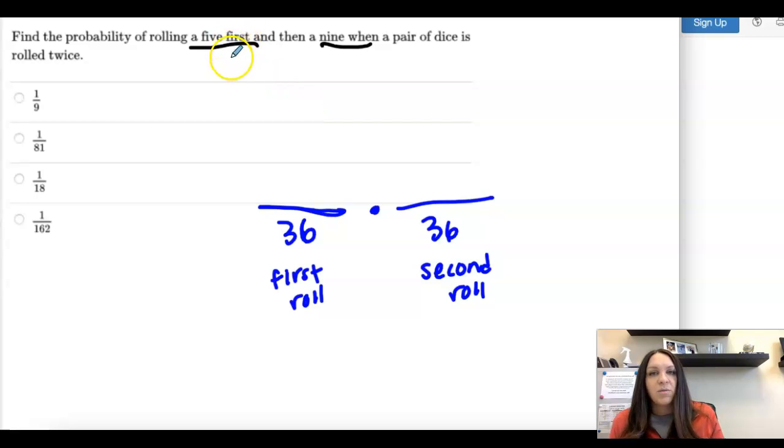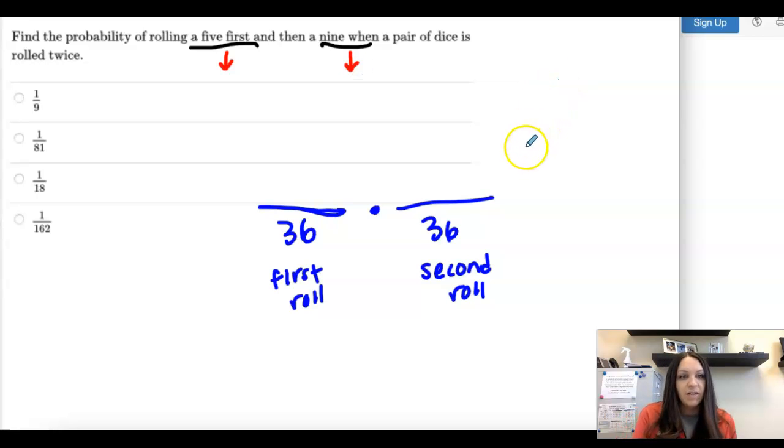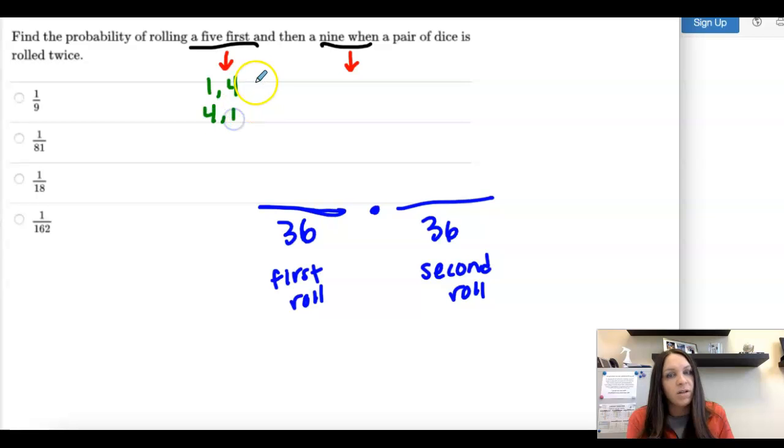Now I have to look at what are the chances of rolling a 5 and what are the chances of rolling a 9. How many ways can I roll a 5? I could roll a 1 and a 4. And remember, those go both ways. I could roll a 4 and a 1.